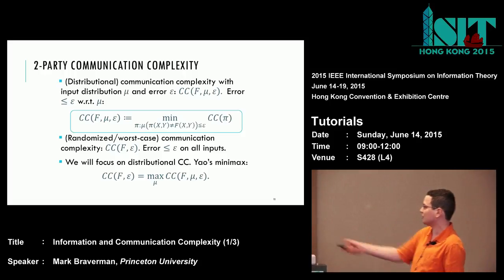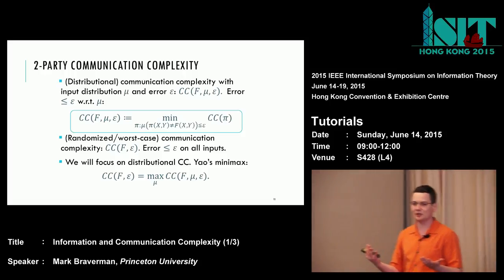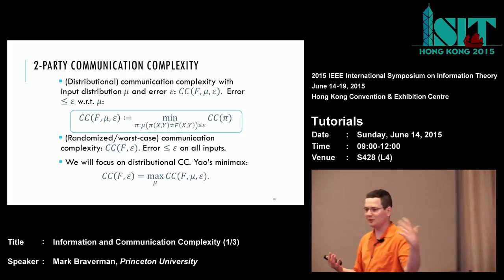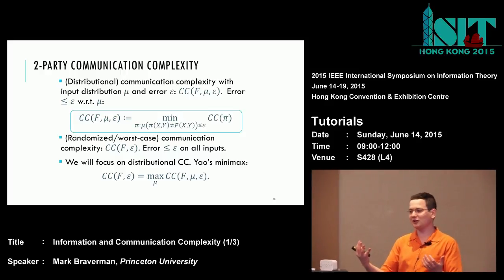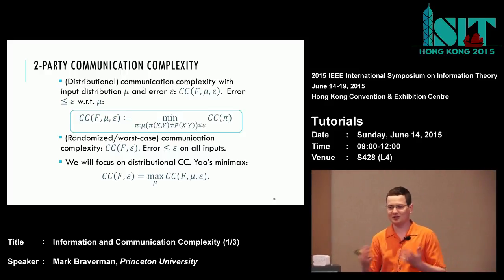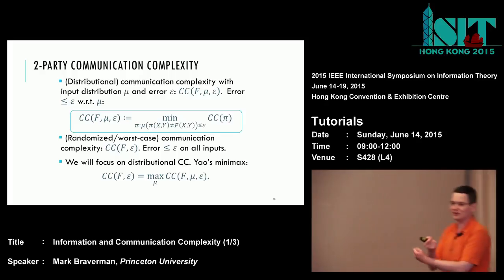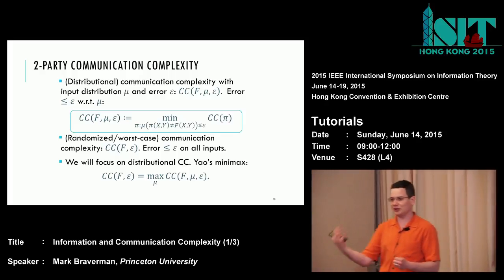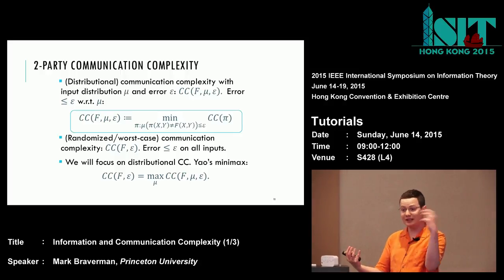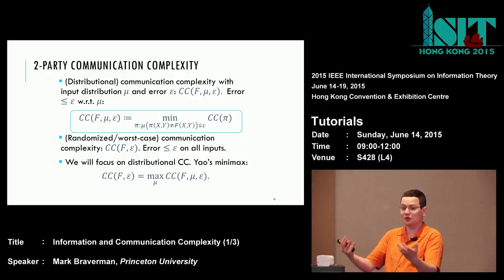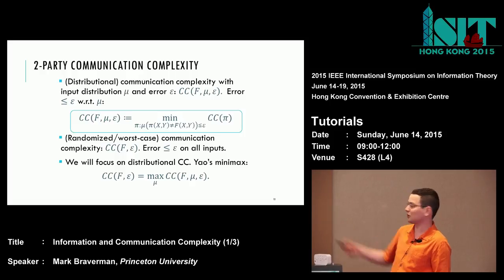The way you prove this theorem is using a minimax argument. Basically, there are two players. One is trying to come up with a hard distribution, the other is trying to come up with a good protocol. And the minimax theorem allows you to switch the quantifiers. So if for each distribution there is a good protocol, then there is a protocol that works for each distribution, which particularly means that it works for the singletons.